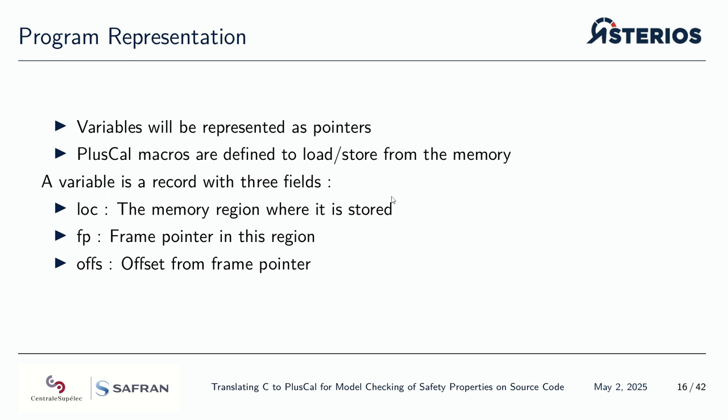A field called loc, that is the memory region where the variable will be stored. A field that will be the frame pointer in this region. For example, in mystack, we will have a frame pointer for each function call that we have, and then an offset from this frame pointer to point directly to the values that represent the variable that we want.